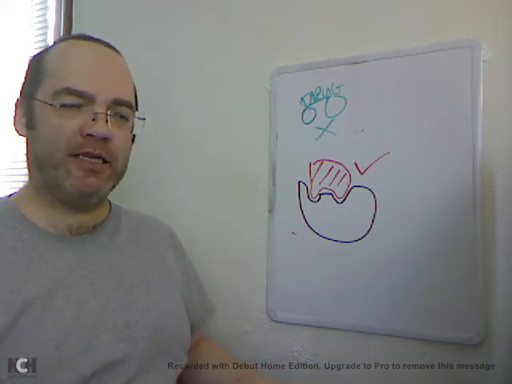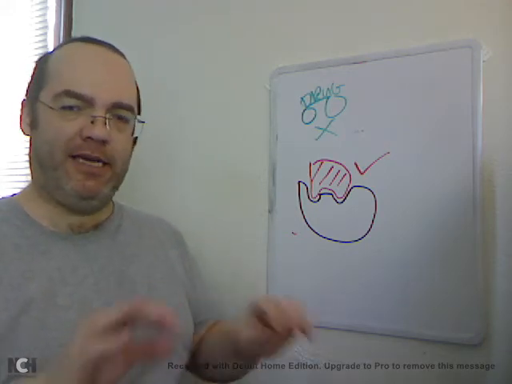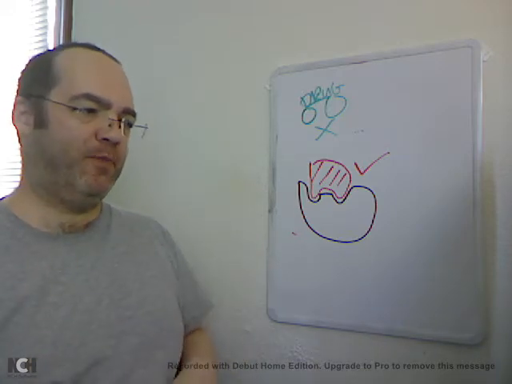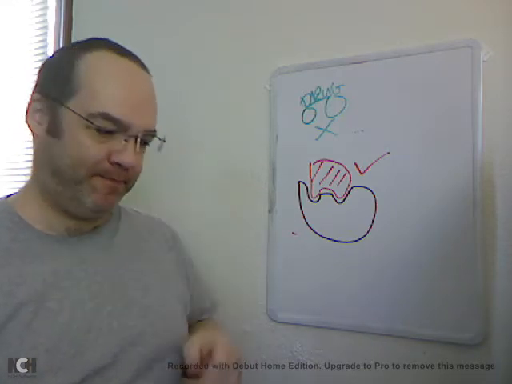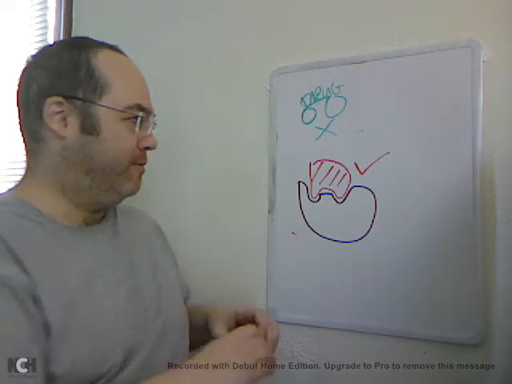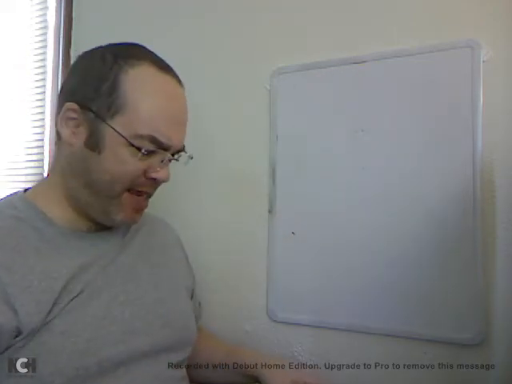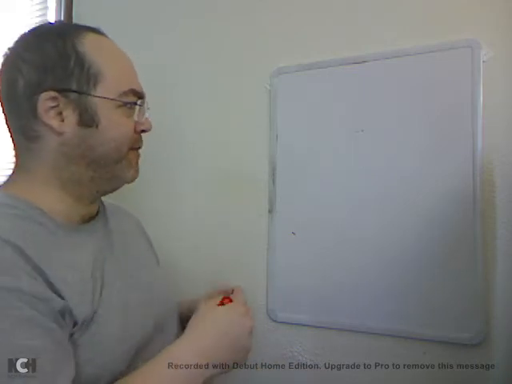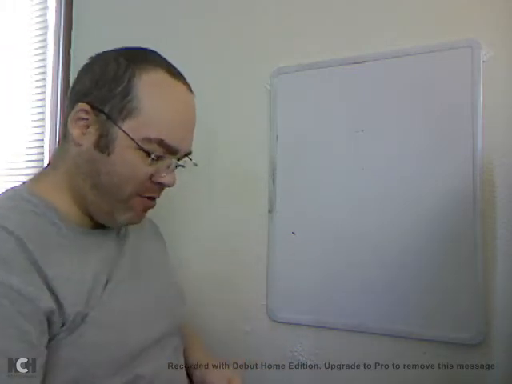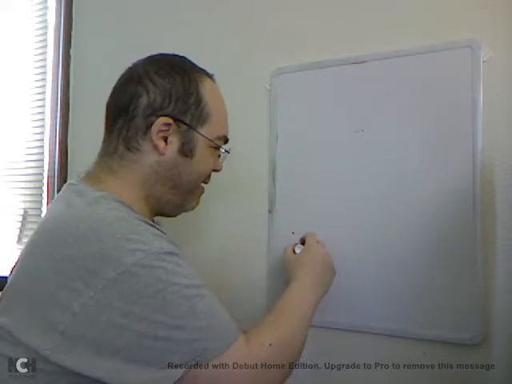Some of these drugs can be given synergistically with a beta-lactamase inhibitor. So, what's a beta-lactamase inhibitor? It's exactly what it sounds like. It is a drug. So, we have our penicillin binding protein down here.